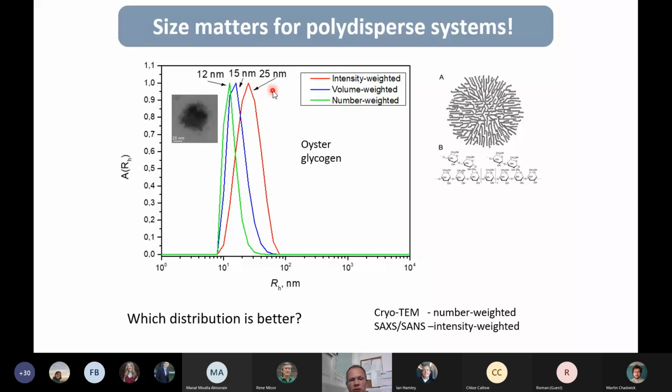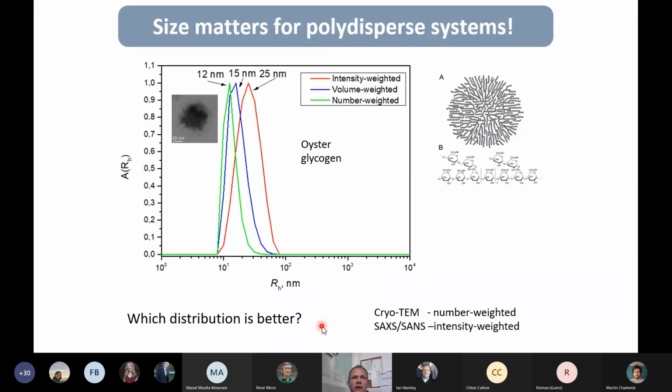And many users, many students, are confused. They're measuring maybe glycogen or whatever proteins, and they see three different numbers. For example, for oyster glycogen, you can get from the software 25 nanometers, 15 nanometers, and 12 nanometers. So the question is, which distribution is better, right?